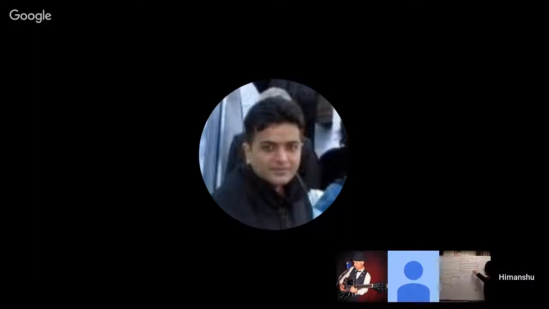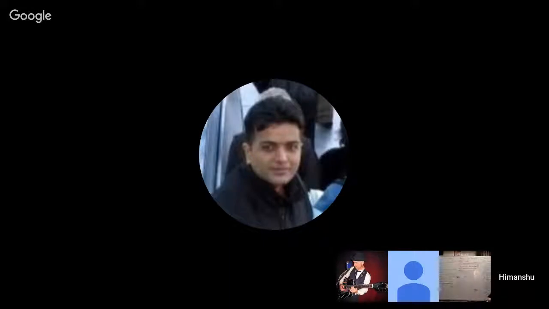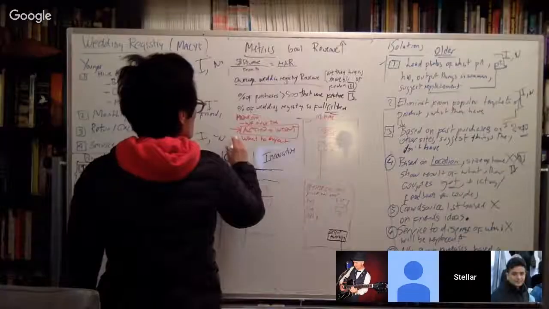I don't know if they are young or old. So then you can say, this is what I expect out of this page, and I'm trying to build it. So say the action.